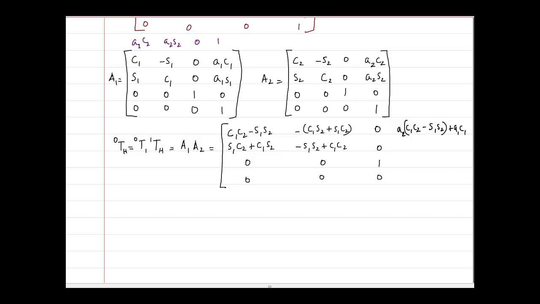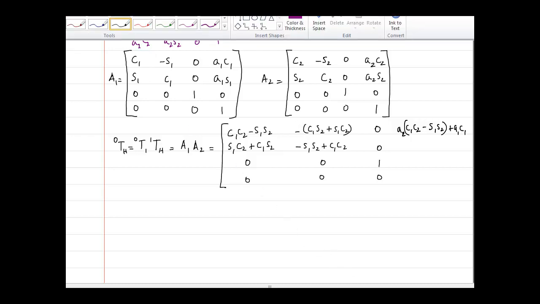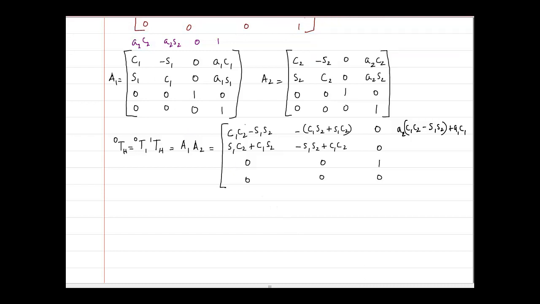Okay, next is going to be, the next one is going to be for the second row. I can again write, so it is going to be A2 again common, and we are having S1 C2 plus C1 S2 plus A1 S1, and then the next is all going to be multiplied with 0, so it's going to be just 0.